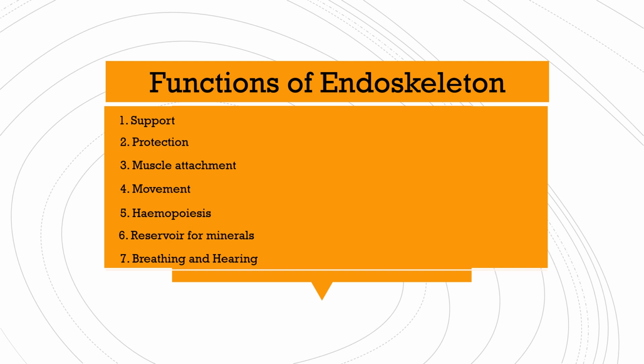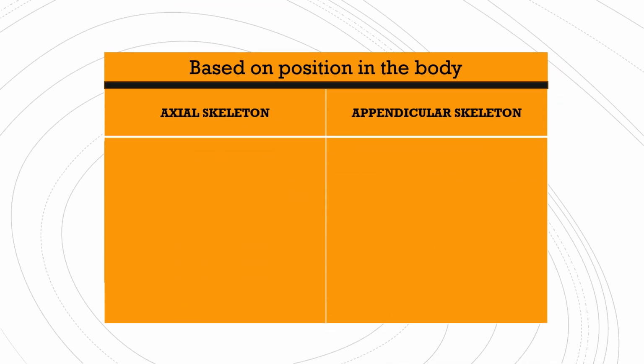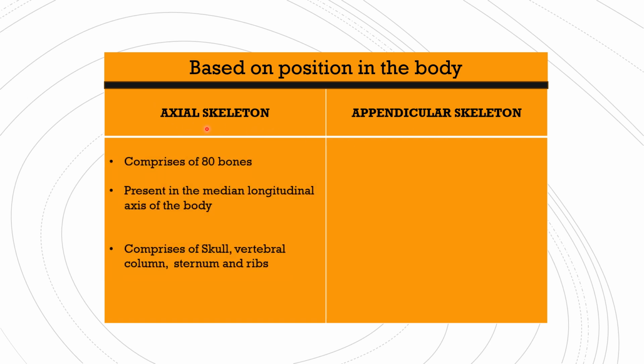Now let us understand the main parts of the skeleton and their bones. Based on the position in the body, the endoskeleton is divisible into two parts, the axial skeleton and the appendicular skeleton. Axial skeleton, as the name suggests, is present along the axis or the median longitudinal axis of the body.